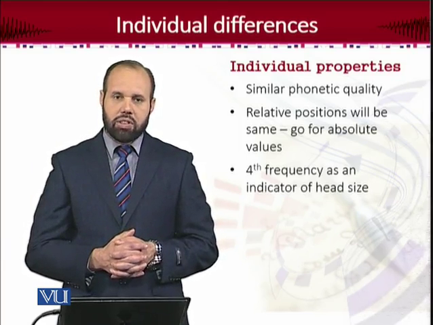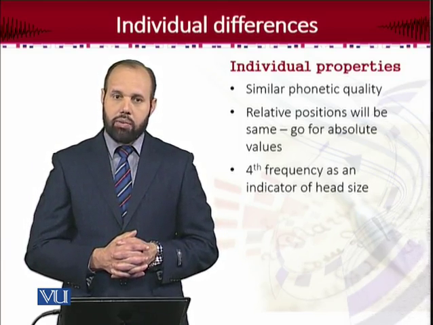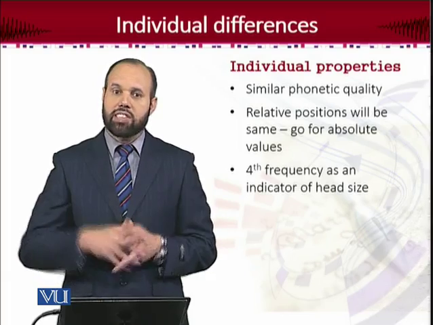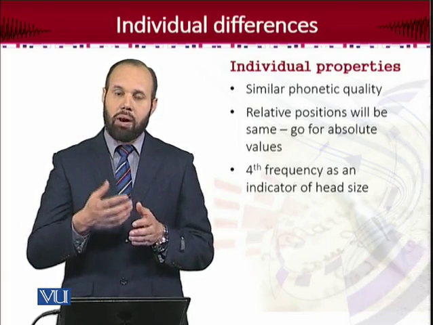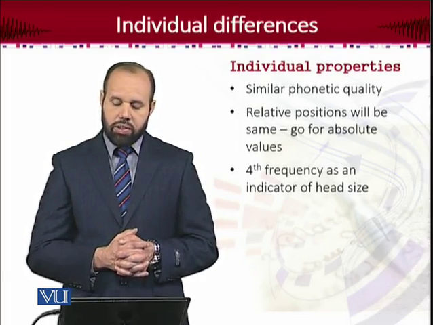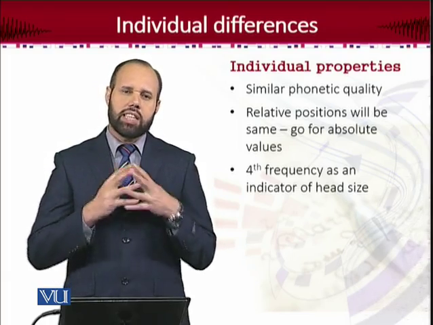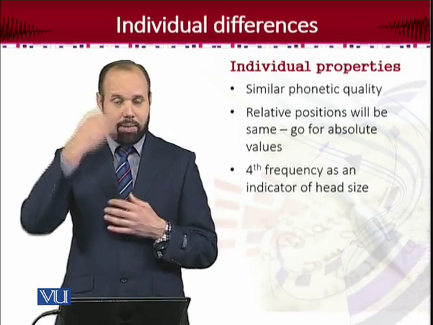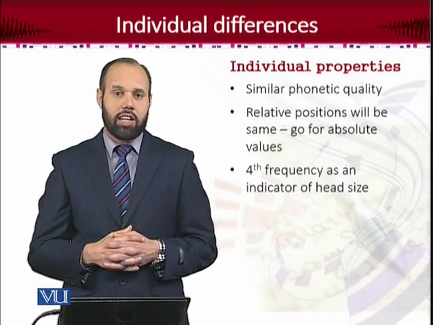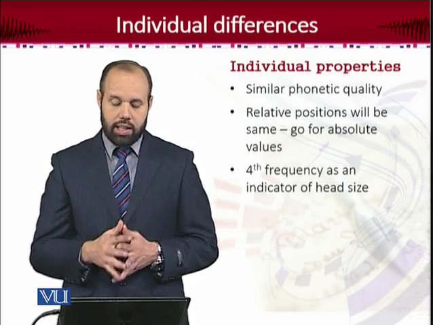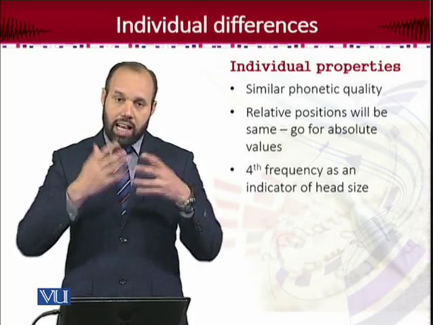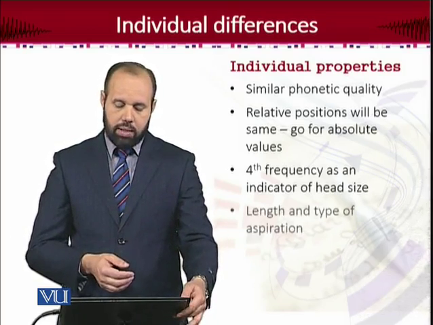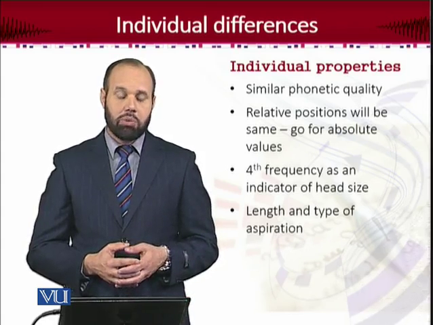Like the fourth frequency, okay? We have been talking about the first three formants, but if we talk about the fourth frequency, then the fourth frequency can give us some indicator of the head size, okay? The sinus cavities, which are coming from the head to the nostrils, to the nose cavity, basically. So that can also be analyzed further to determine the individual features.